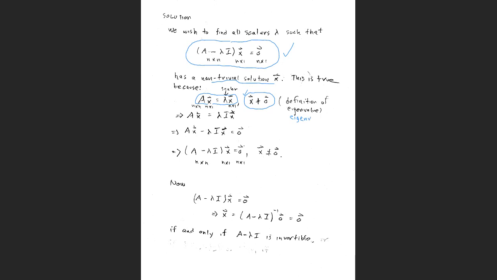Now we can manipulate that matrix equation. On the right side, lambda times X can be written as lambda times the identity times X. And then we can bring lambda times the identity times X over on the left side so that A times X minus lambda times the identity X equals the 0 vector.